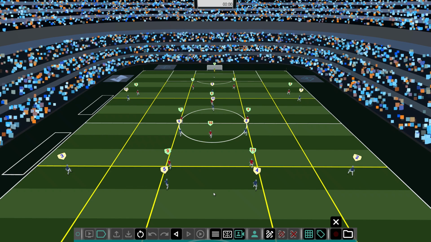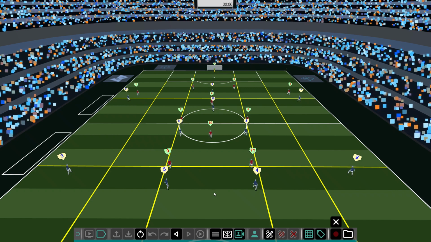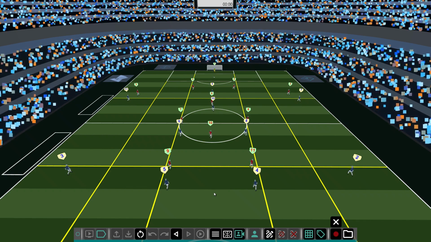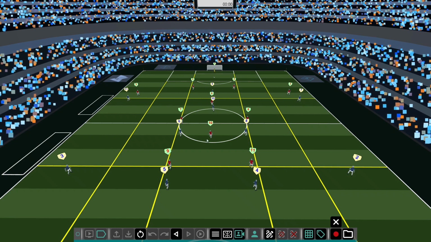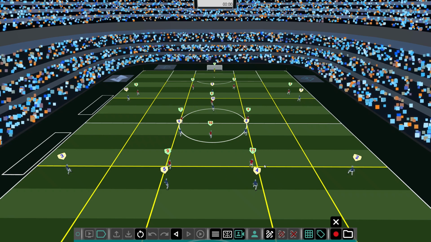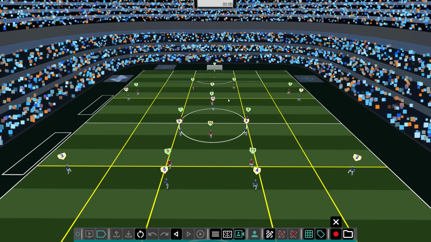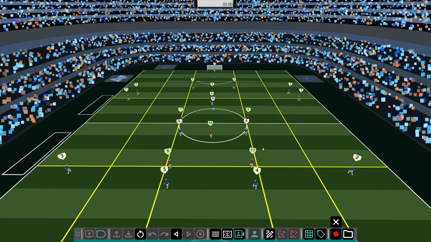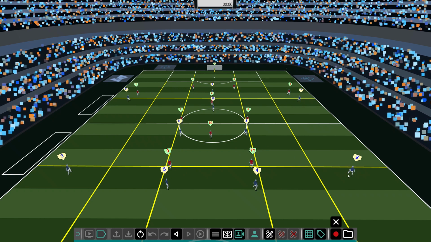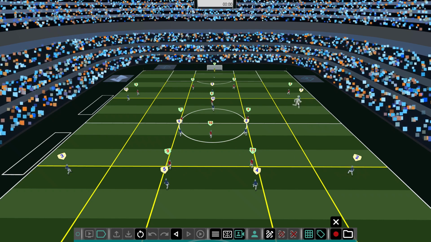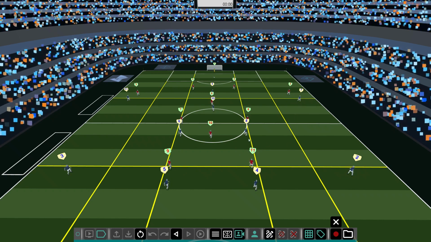Then we consider what the opposition setup is in terms of their structure. And do we have overloads in the middle area that might inform us to play centrally? And then equally, if that's not the case, then how do we utilise wide players, whether that's deeper players or higher players, to be able to move the ball from in to out?